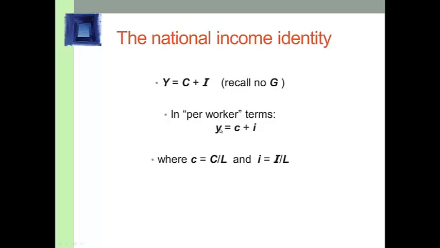So output per worker equals consumption per worker and investment per worker. So consumption per worker and investment per worker constitute the distribution of output per worker.